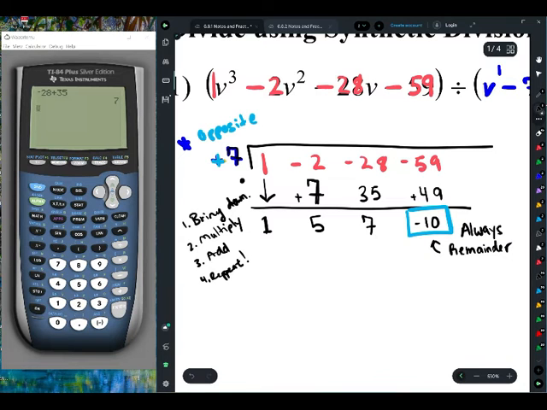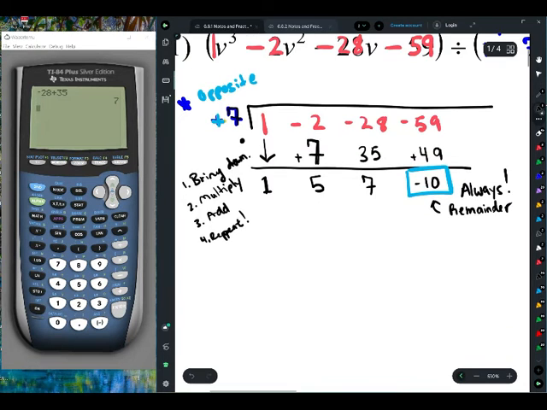Always. These other parts are actually a polynomial of sorts. The 1 corresponds to a 1v squared, the 5 corresponds to a 5v, and the 7 is our constant. Let's also write the remainder, negative 10 over v minus 7. Remember, that's how we properly write the remainder.